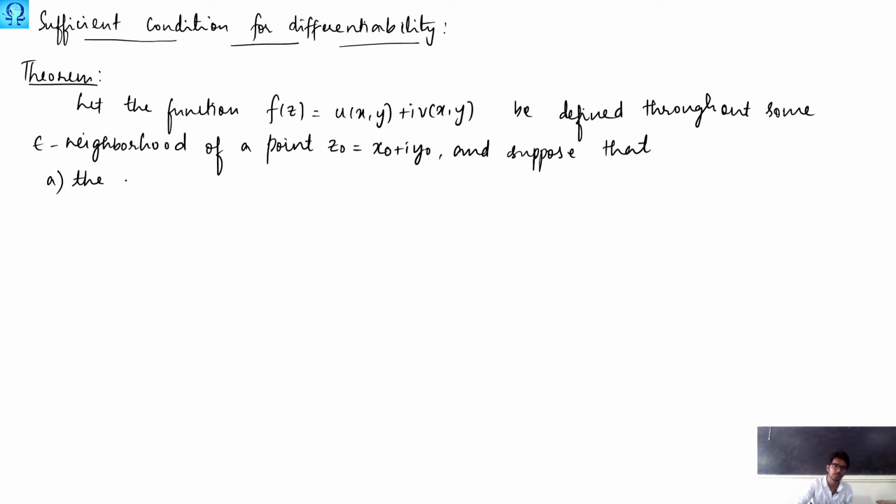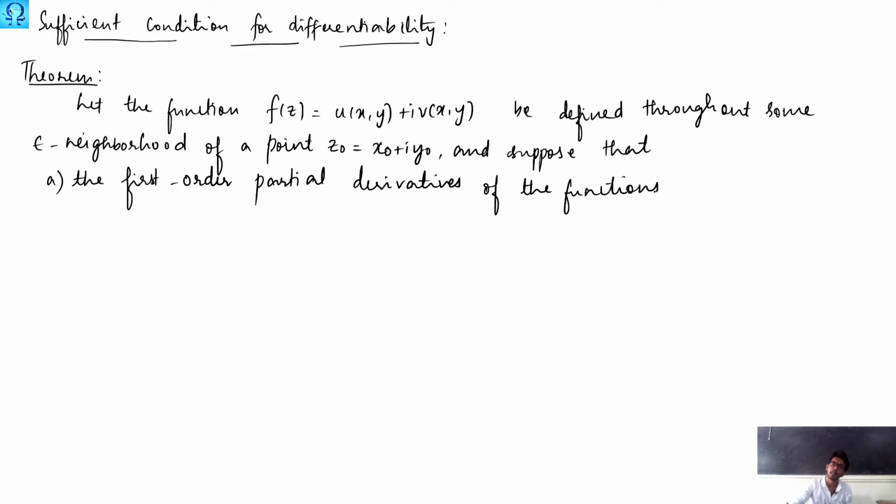The first order partial derivatives of the functions u and v with respect to x and y exist everywhere in the neighborhood.